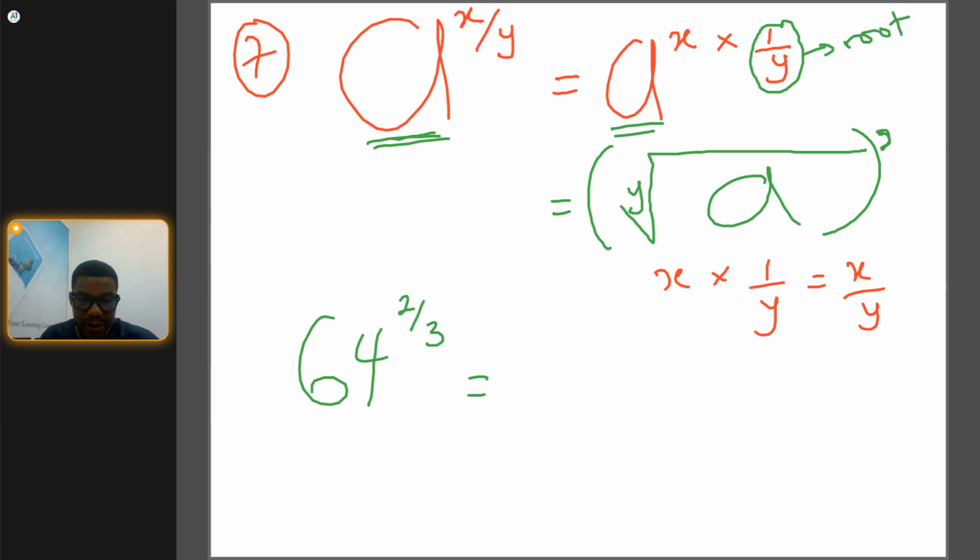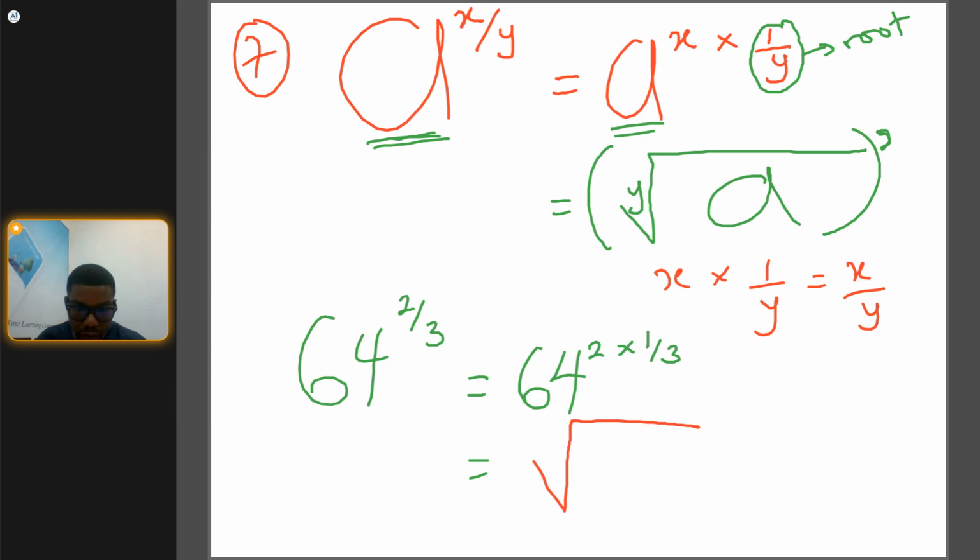If I split this, I'll have 64 raised to power 2 times 1 over 3. So this 1 over 3 is talking about the cube root. So I will have a cube root drawn. Then the base is 64, which is that A we have here. So write 64 inside here.